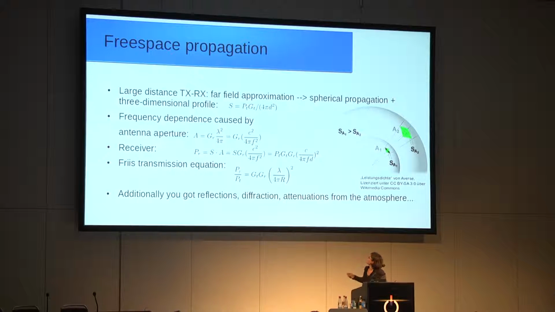And here the inverse factor of this equation is called the free space loss, which is actually the minimum loss you always have if you have two antennas sending something around. Mostly you additionally get reflections, diffractions, attenuation from the atmosphere and so on. But this is the minimum loss you have.